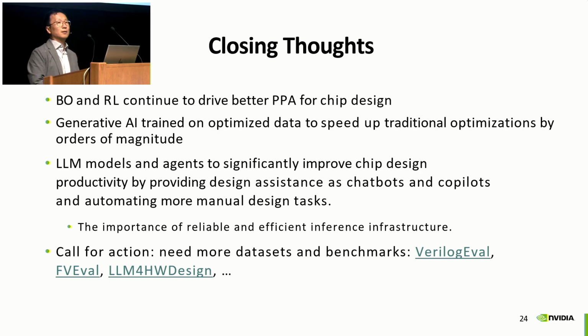We have been working on benchmark efforts such as Verilog eval and the formal verification eval, and also dataset efforts such as LLM for hardware design to collect training datasets for RTL. But I think this takes a community to build. And that'll be all. Thank you for your attention.